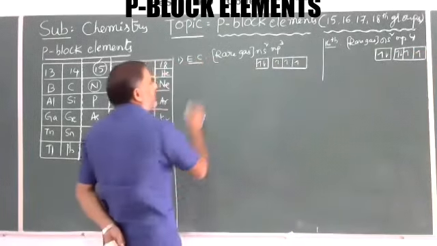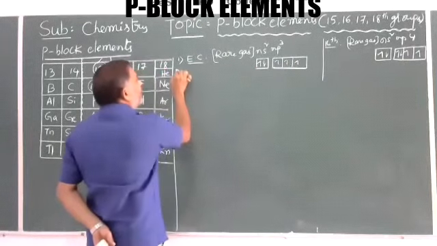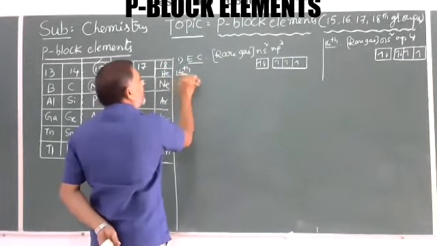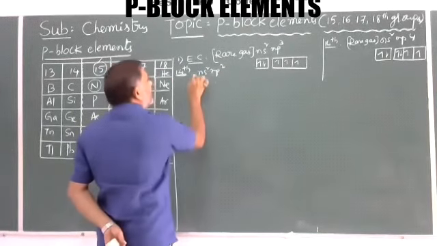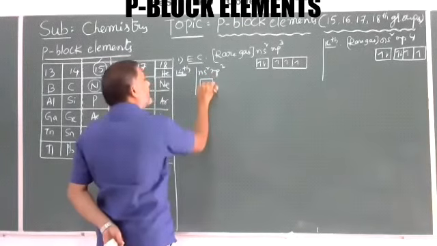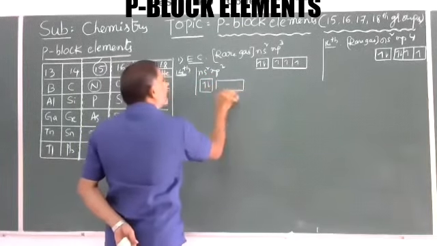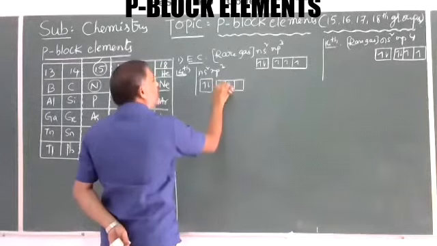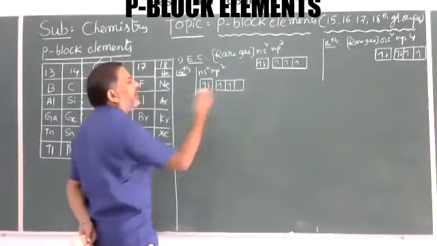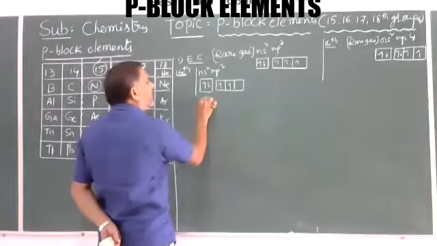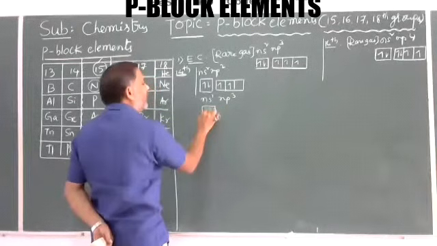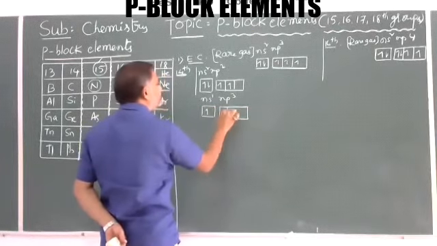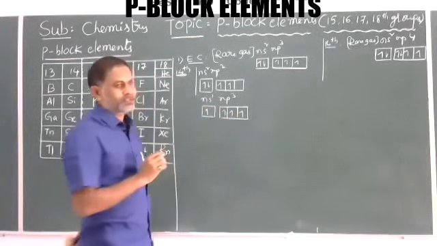For example, the 14th group elements have the general electronic configuration ns2 np2: 2 electrons paired and 2 unpaired. But in the first excited state, ns1 np3, 4 unpaired electrons are present, that is the tetravalency of the 14th group elements.